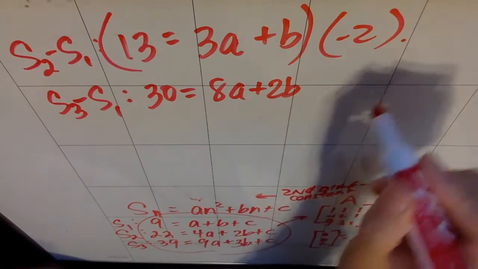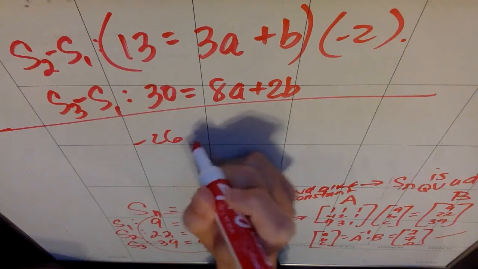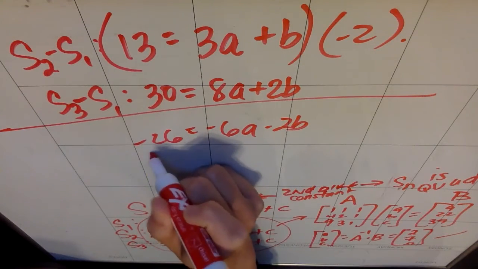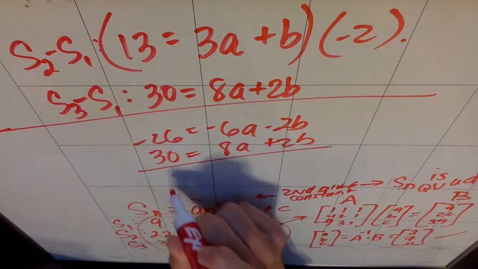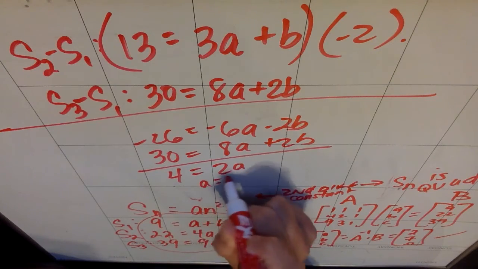If I did that, I would now have the two equations negative 26 equals negative 6A minus 2B, and 30 equals 8A plus 2B. When I add straight down, I'd get 4 equals 2A. Sure enough, I get A is 2.